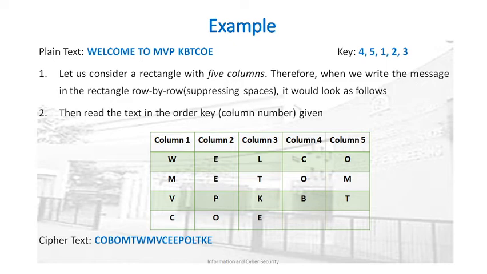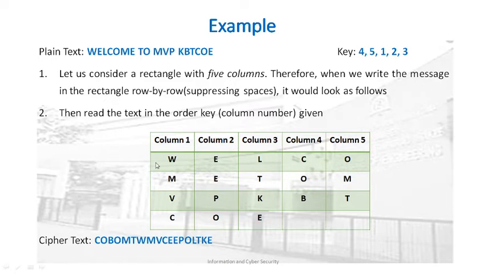We will see one example of simple columnar transposition technique. Our plain text is welcome to MVP KBT COE and the key given is 4, 5, 1, 2, 3. So first let us consider the rectangle with 5 columns. Therefore, when we write the message into the rectangle, that is row by row, by suppressing the spaces, it will look as follows.